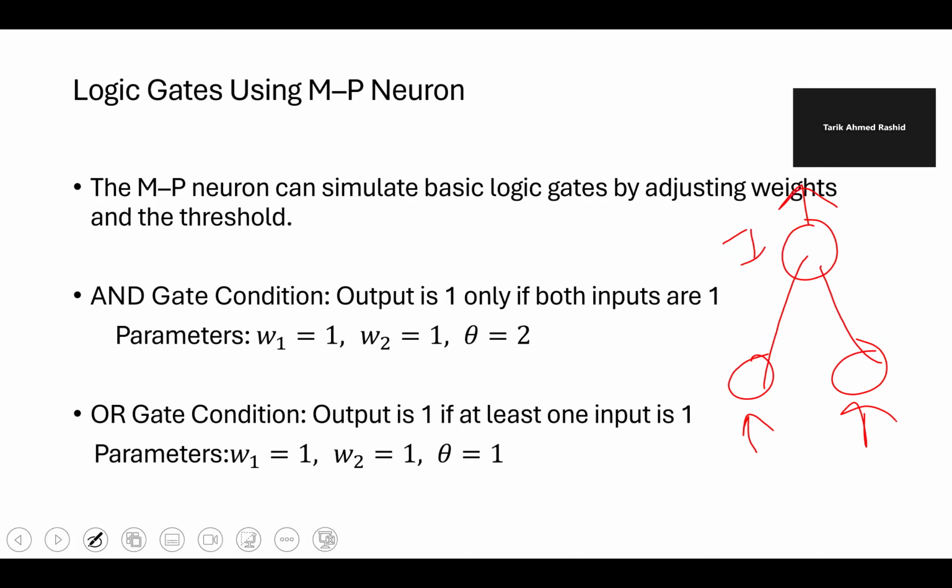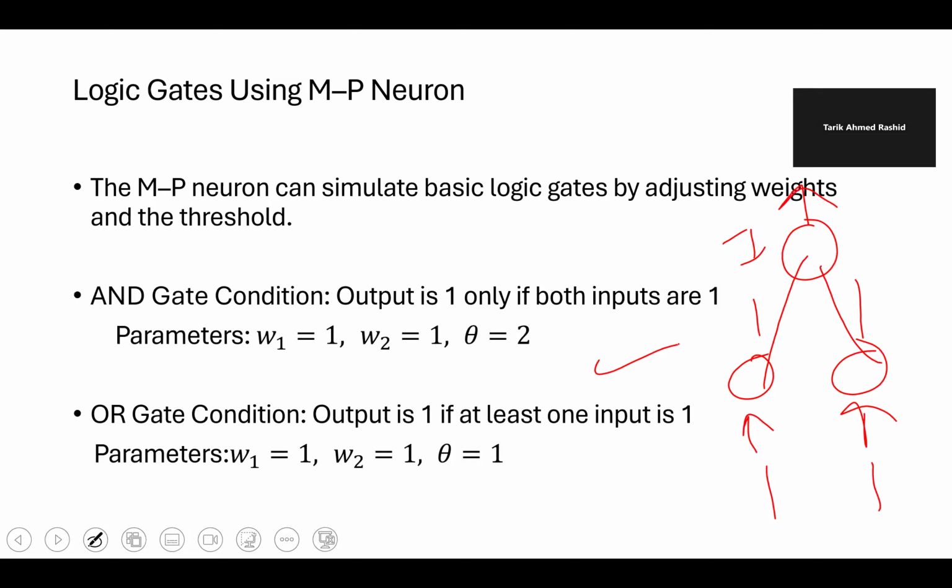The net of input should be greater than 1, so the weights should be 1 and 1. If you feed 1 and 1, 1 multiplied by 1, plus 1 multiplied by 1, sum them up, that is 2. 2 is greater than theta, yes, that gives you 1.